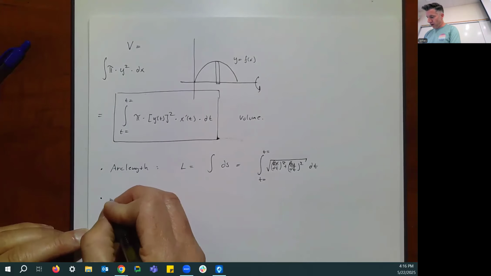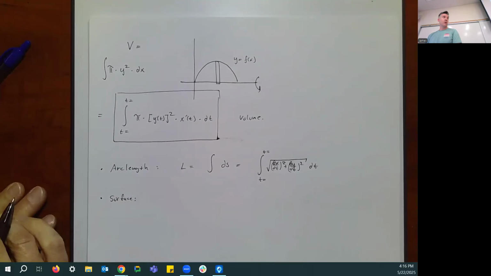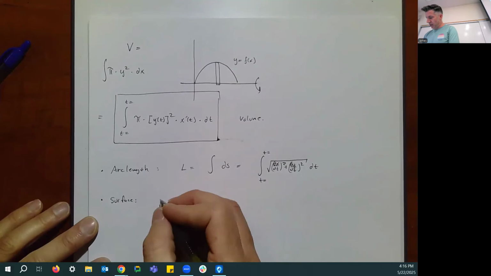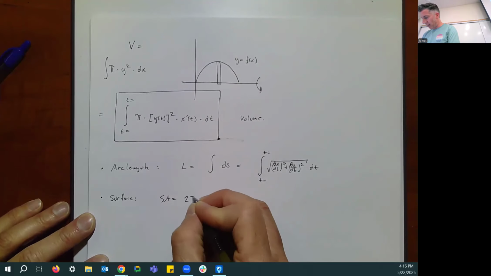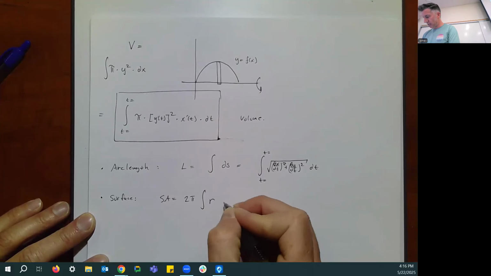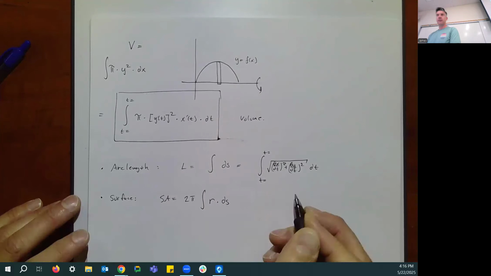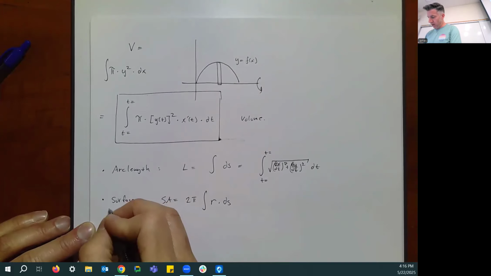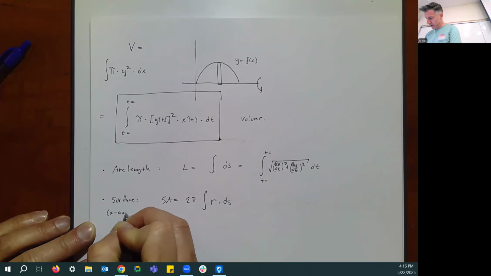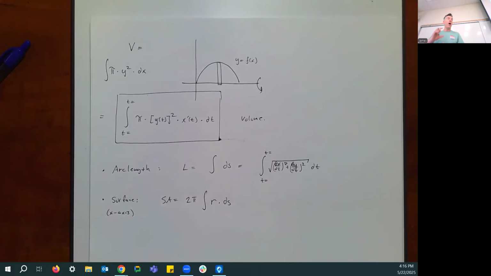Anyway, for surface area, it's the usual idea of 2 pi times your radius times your ds. If we're going around the x-axis, then our radius is y, because it's how high we are.